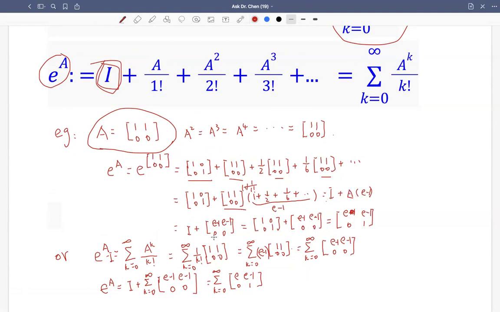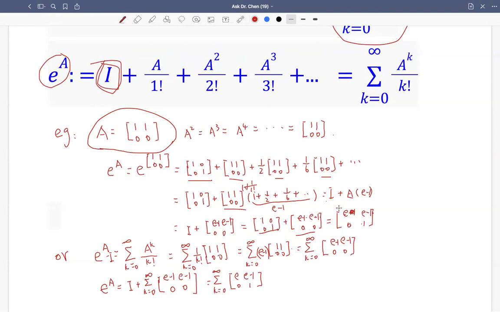So we get a matrix with e minus 1, e minus 1, 0, 0. Then we add the identity matrix to it. So e minus 1 plus 1, that's just e. e minus 1 plus 0, that's e minus 1. And 0 plus 0, that's 0. Then 0 plus 1, that's 1.